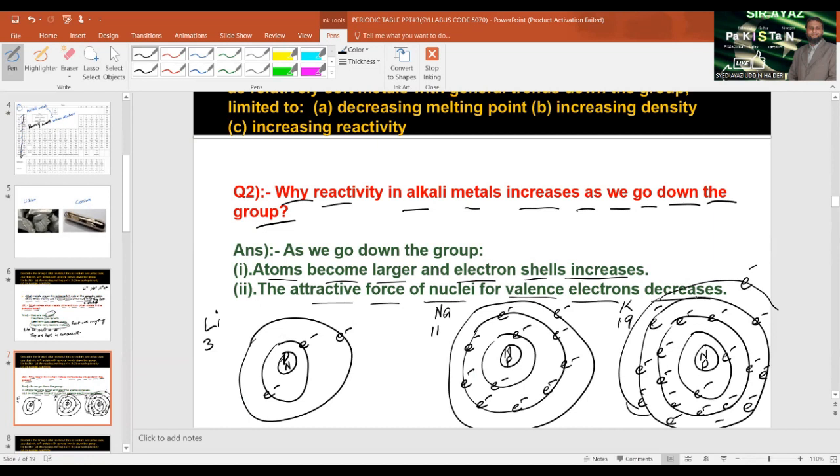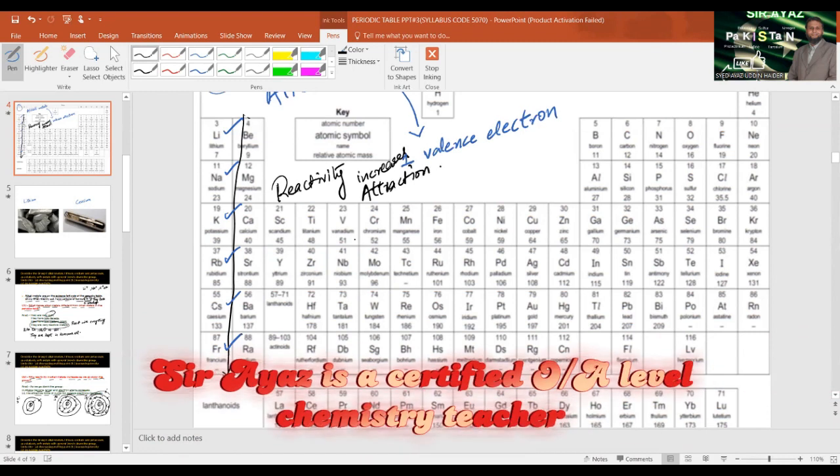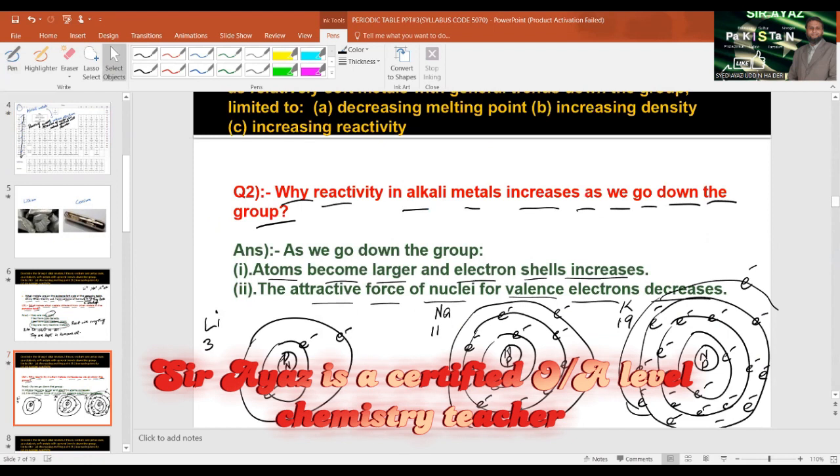As you go down the group, the attraction of the nuclei for the valence electron will decrease, which means it becomes easier for a metal atom to lose its valence electrons.